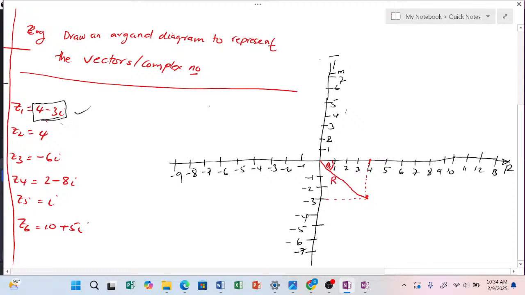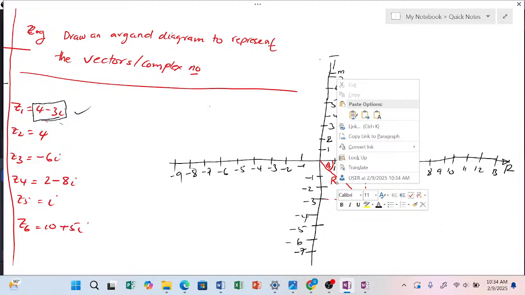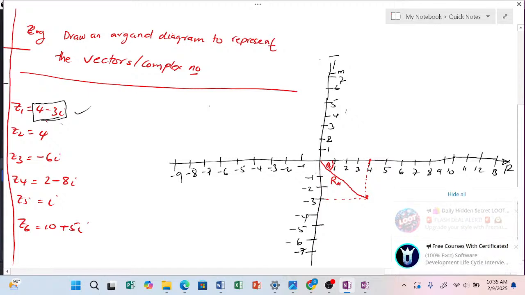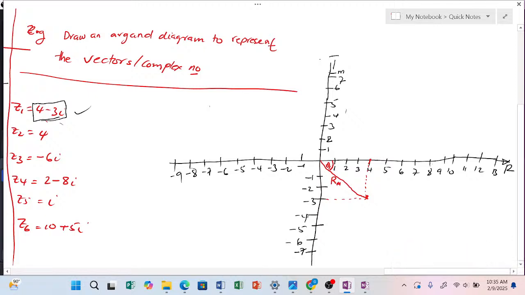Let me call it Rm. Do you get it? All right. So this θ1, or the angle that we know, in terms of angle, we measure it with respect to the real axis or the x-axis. So this angle is what we call the argument. So let's take note.